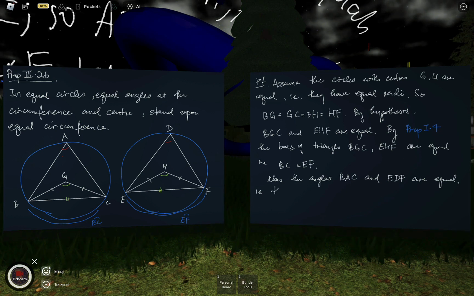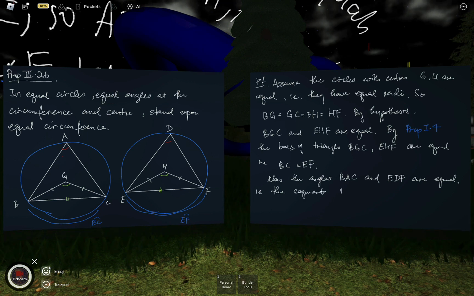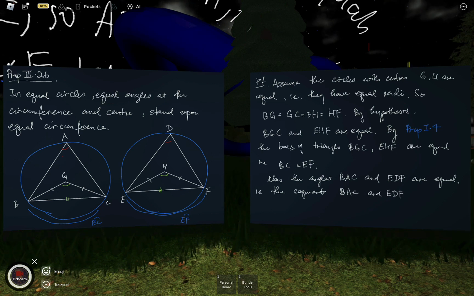So, i.e., the segments BAC, the same labels, right? But now we're talking about the segments are similar, right? And similar segments on equal bases, right? We've shown that BC and EF are the bases of these segments.